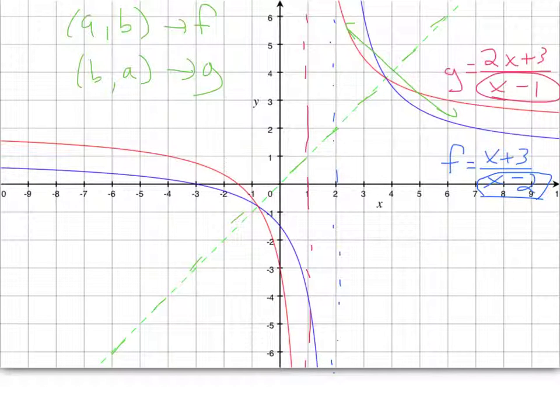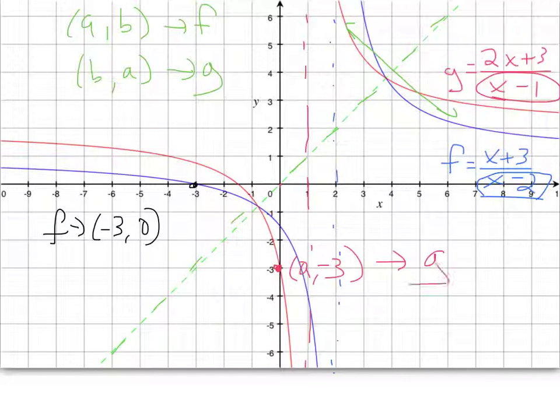The point -3, 0 is on the graph of f. f has the point -3, 0. If 0, -3 is on the graph of g, we're in good shape. Well, we look at 0, we go down here to -3, the point 0, -3, and sure enough, by golly, that is on g.